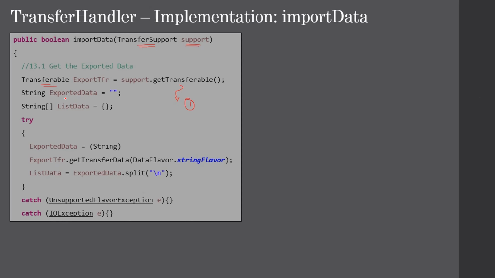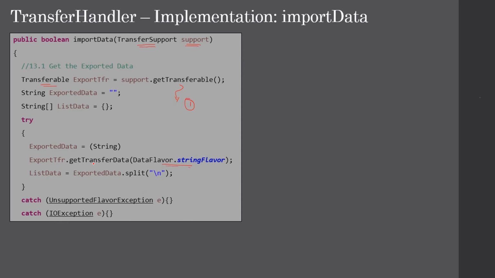Then we declared two variables, one is exportData and another one is a string array. From our transferable object we call getTransferData and we specify DataFlavor.stringFlavor.